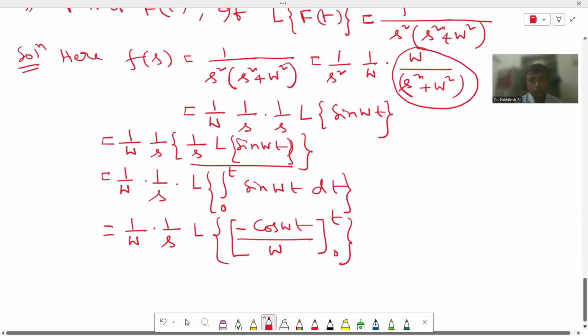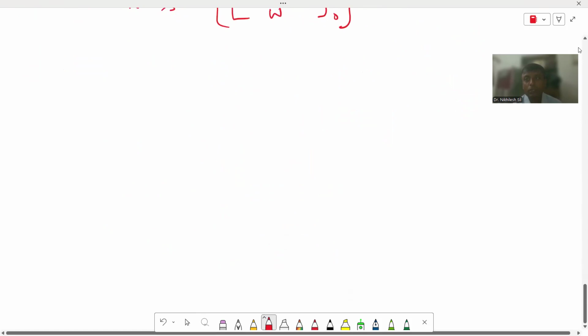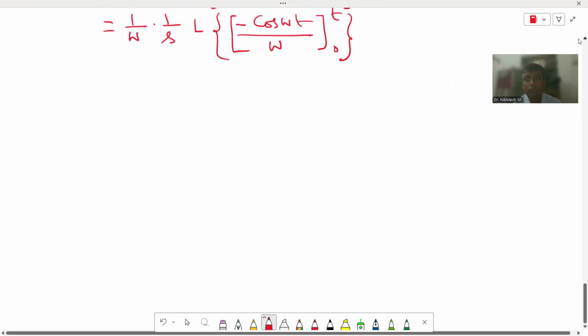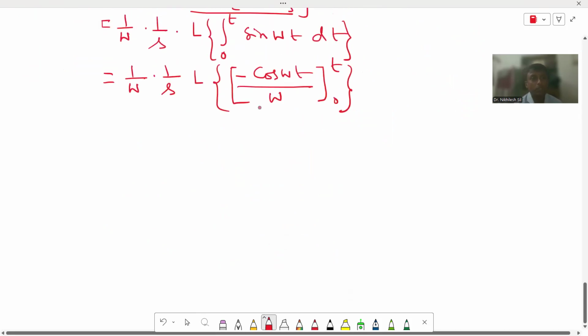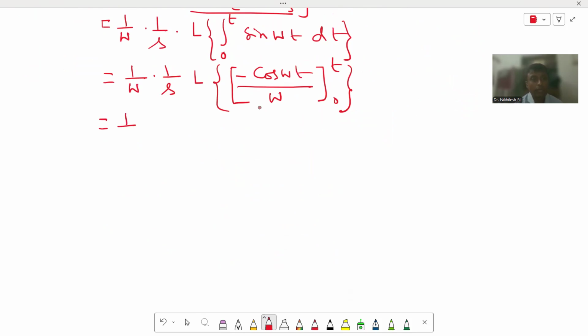So what will be the value? The value will be 1 by omega into 1 by s, Laplace of, if we are putting t, then this will be minus cos omega t divided by omega.